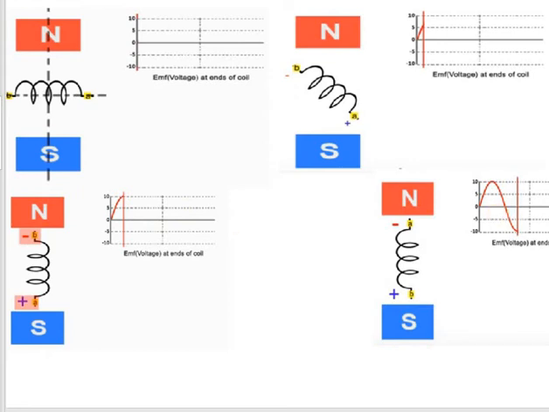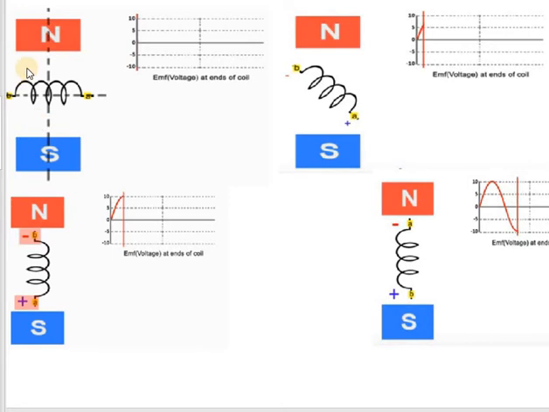The alternating current generator is an important application of electromagnetic induction, and the AC generator is actually used in modern X-ray machines. So how is this AC current generated?